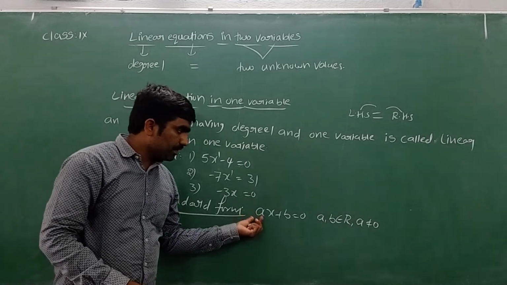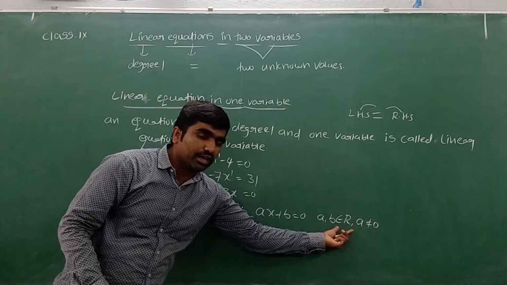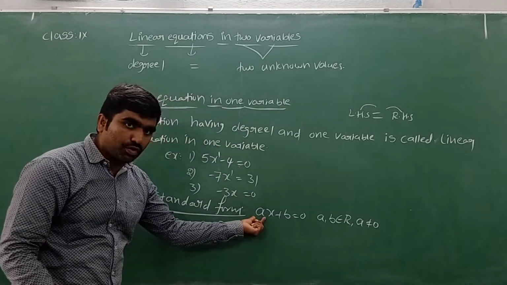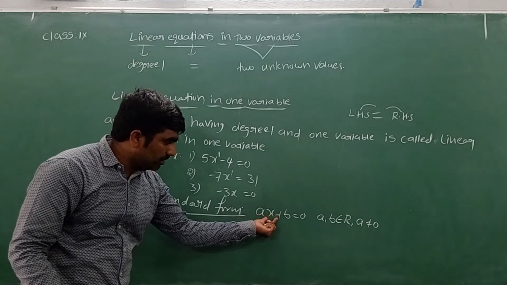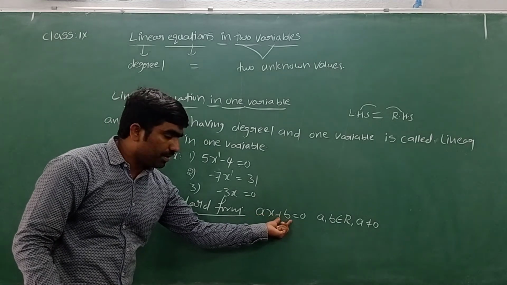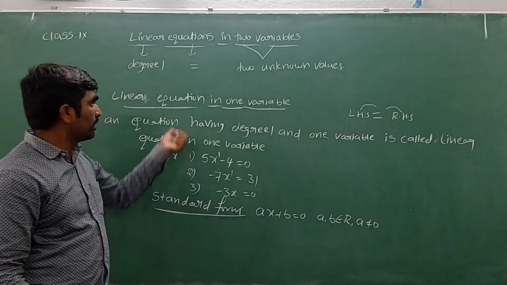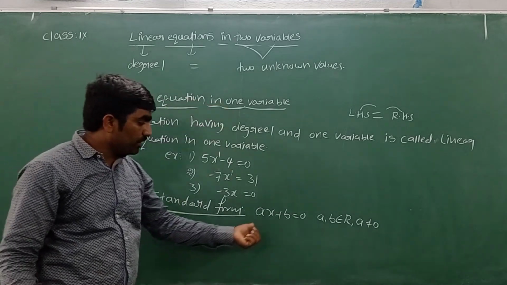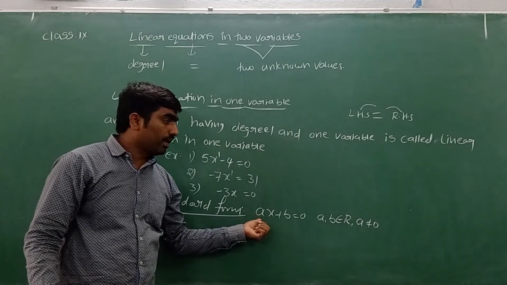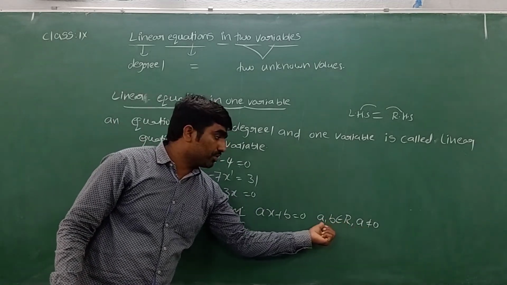The value of a is other than 0; we can take any real number. If I take a is equal to 0, 0 into x will become 0, and 0 plus b means only a constant. To get a linear equation, I want the x coefficient to be other than 0.